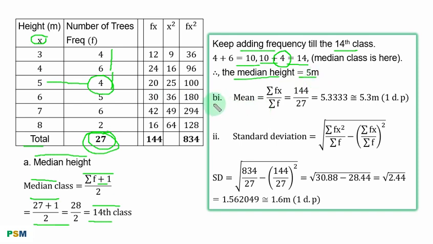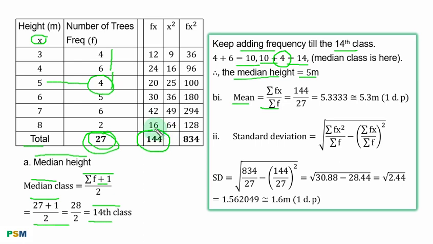B, Roman figure 1, we are to find the mean. The mean for grouped data is obtained using this formula, summation fs over summation f. To get fs, we add this column. 4 times 3 is 12. 6 times 4, 24. 4 times 5, 20, and so on.